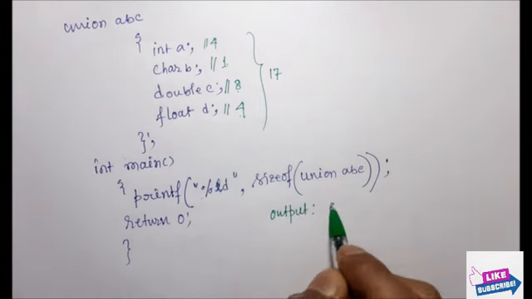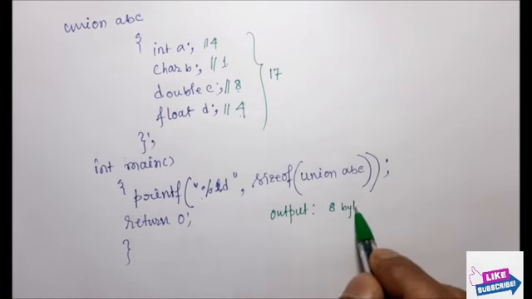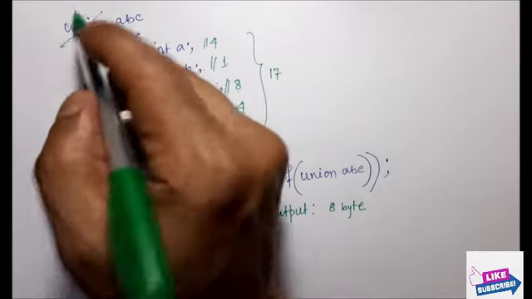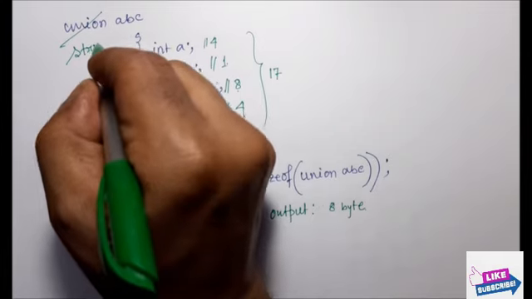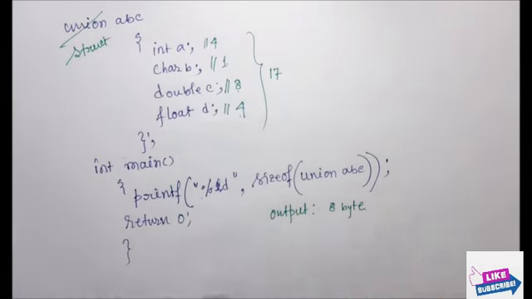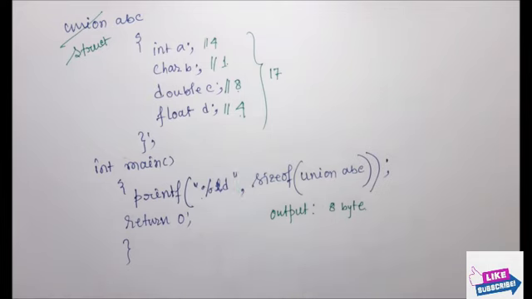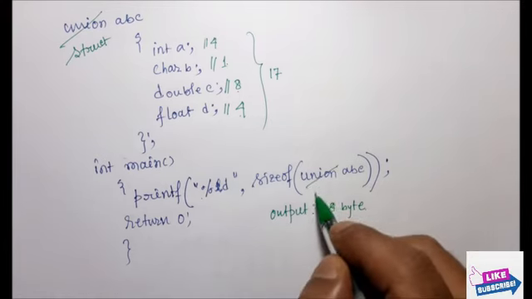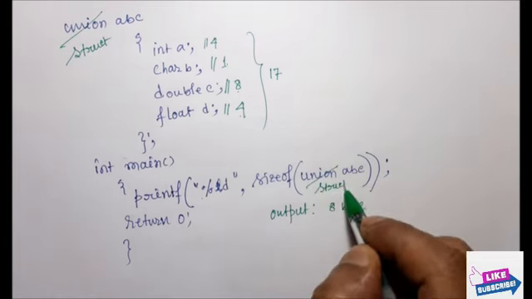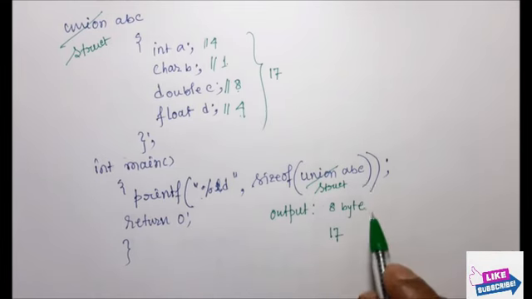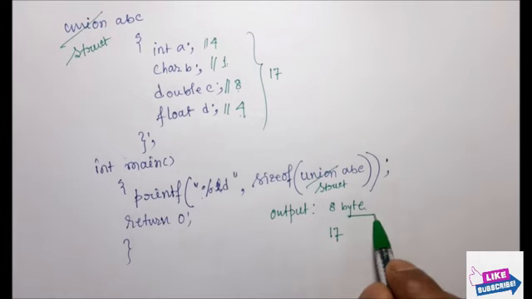Now, the question is why? If I run this program, I will get 8 bytes, and if I use struct ABC, without using packing, I will get a size of 17 bytes. If I use struct instead of union, I get 17 bytes, and if I use union, I get 8 bytes. Why?